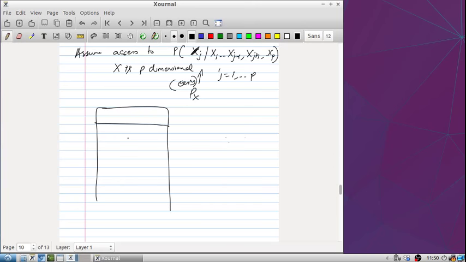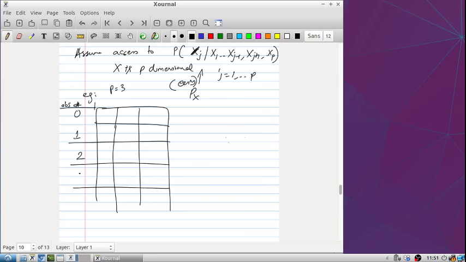So think of p dimensional, let's say p is equal to 3 for our example, which means I need to, let's say I want to create observation 0, observation 1. This is the observation number 0, 1, 2, 3, and so on.